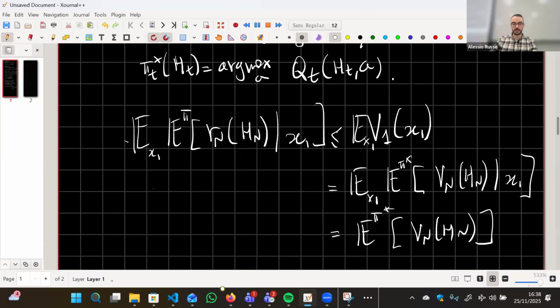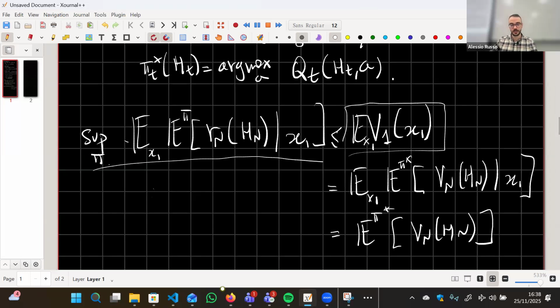And the result is basically shown, because if we now optimize on the left over all policies, we know that this quantity is always upper bounded by something that doesn't depend on any policy. But then because of the previous lemma, we know that this is exactly equal to this quantity, which depends on pi star. So pi star needs to be the optimal solution.